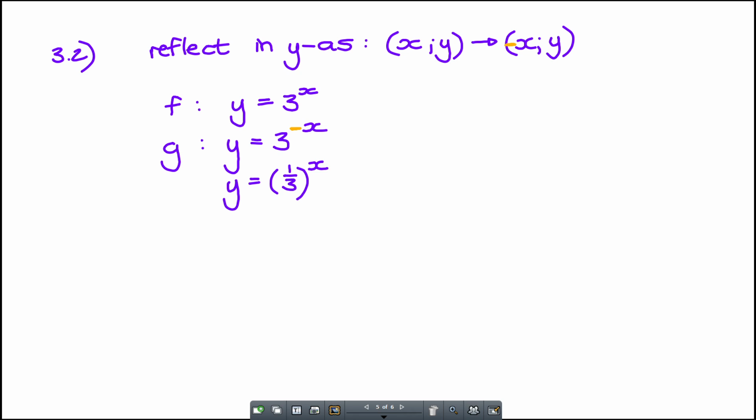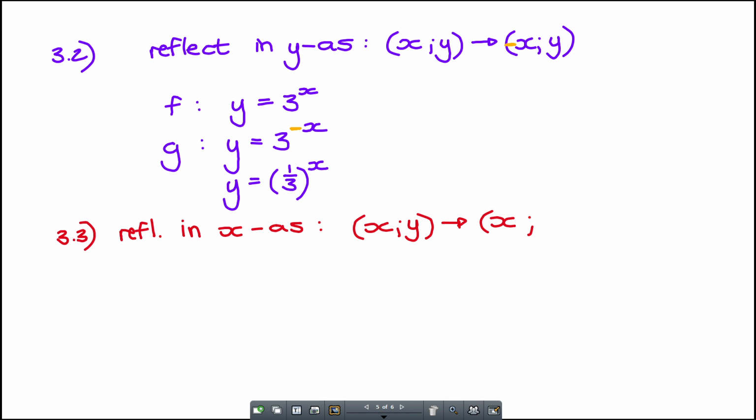Dan vra hulle vir jou by 3.3, die laaste enetjie daar. 3.3 they say determine the equation of h, the reflection of f in the x-axis. So nou, wanneer ek reflecteer in die x-as, wat gaan dan gebeur? My x-waarde gaan presies dieselfde bly, maar my y-waarde gaan nou raak negatief. Nee, okay, so f was gewees, y is gelyk aan 3 tot die mag x.